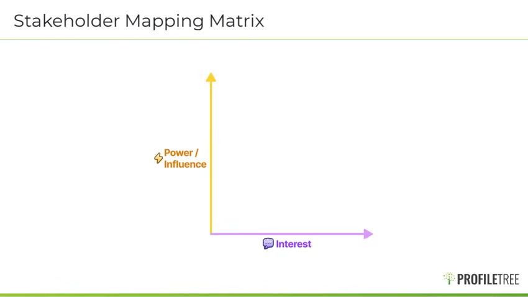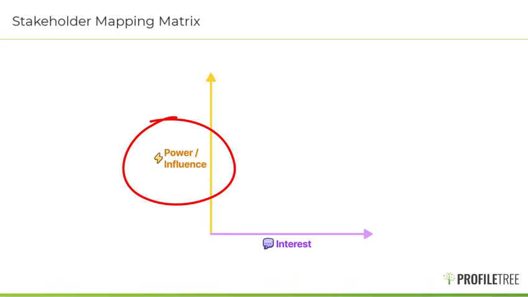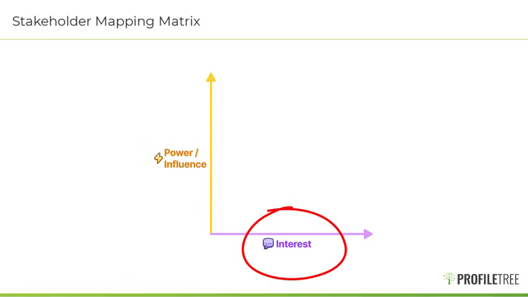So let's take a look at what a stakeholder map actually looks like. So as you can see here, this is a representation of a stakeholder mapping matrix, where you can see the y-axis represents the level of power a key stakeholder will have over your business or project. On the other hand, the x-axis represents the level of interest that they will have.